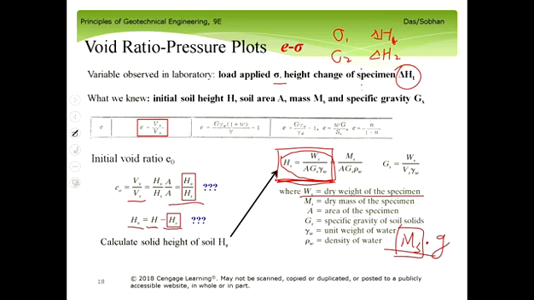The MS, how to get it? If we use a balance, we can directly go to the mass, not to the dry mass. Oh, I remember. Yes, we use that formula. Do you still remember this?